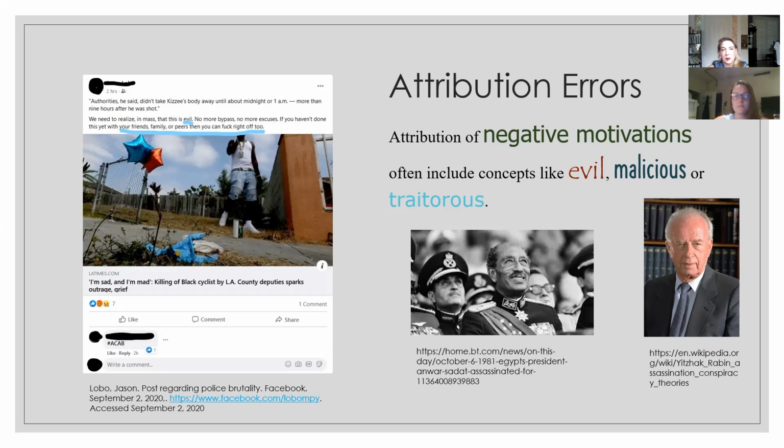And again, there's some pretty violent language associated with people who don't agree with that point of view. These attribution errors are not just happening in conflicts that we have now. They call to mind traitorous and evil, malicious are all labels to describe past leaders who tried to act outside of these social norms and facilitate peace, like Sadat and Rabin.